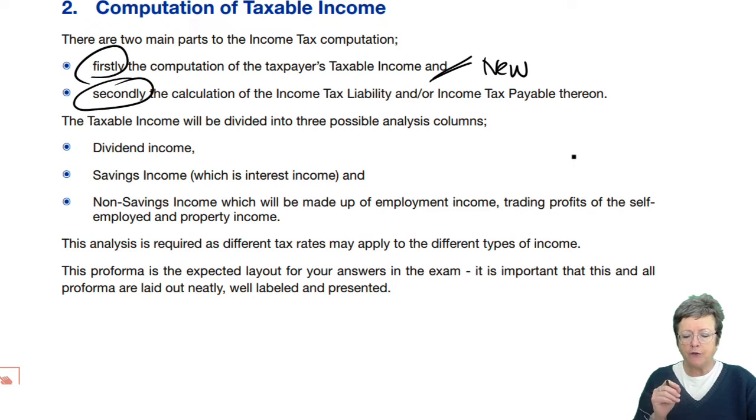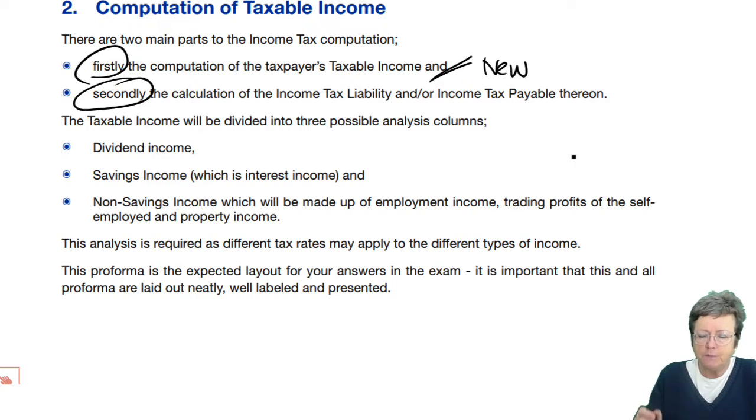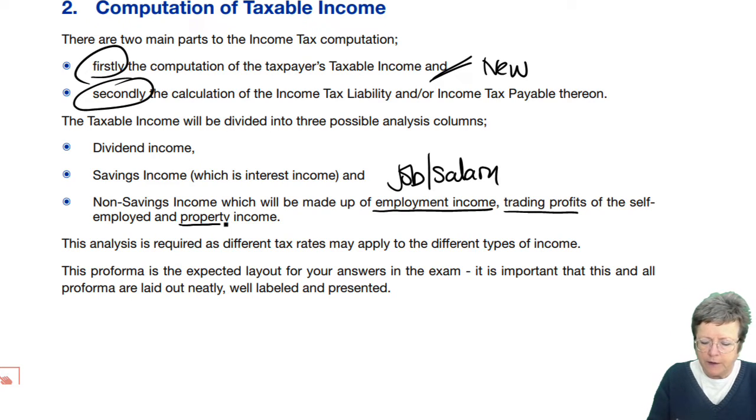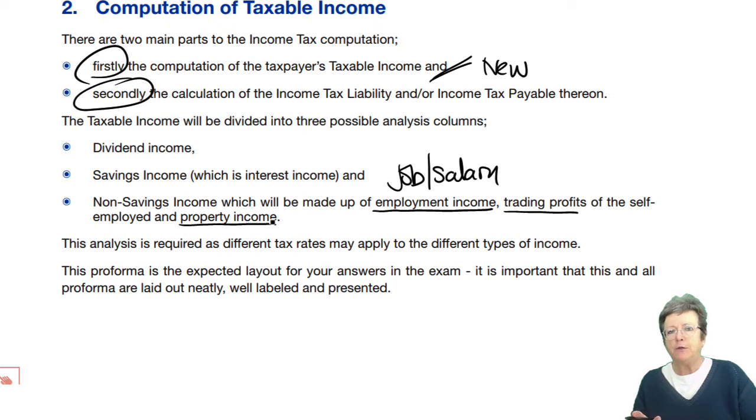And then what's known as non-savings income, which is made up of anything that you've had from a job or a salary, trading profits, and/or property income. It may be that you've had to work some of those figures out in a working separate from this computation and brought your answers here. It will all make sense when we get a bit further into the chapter.